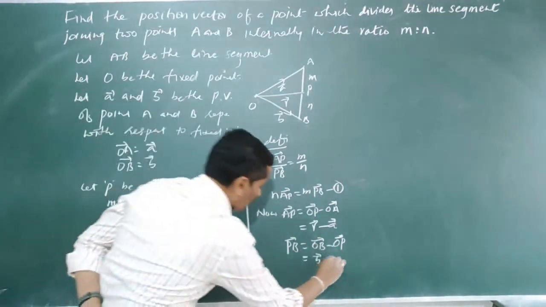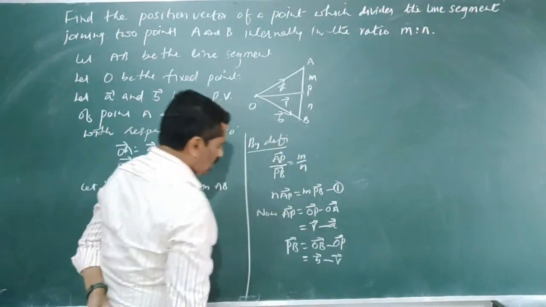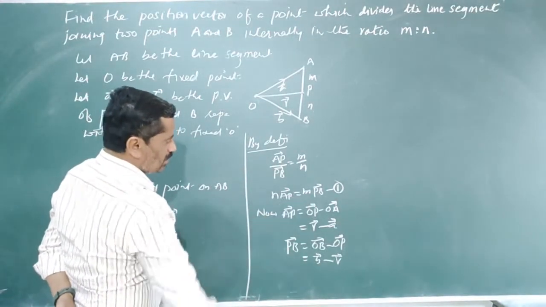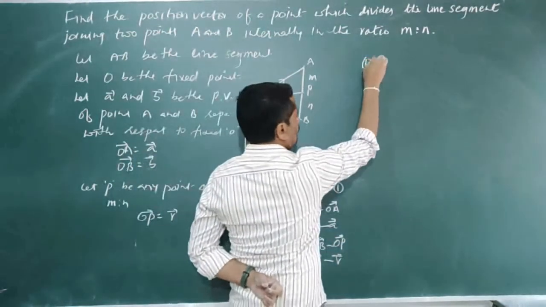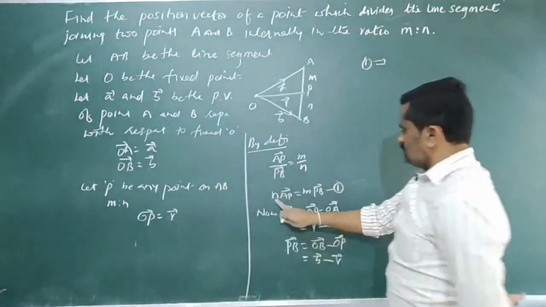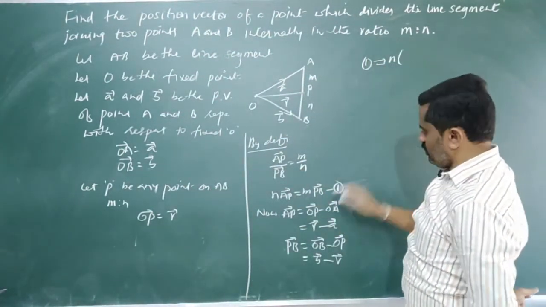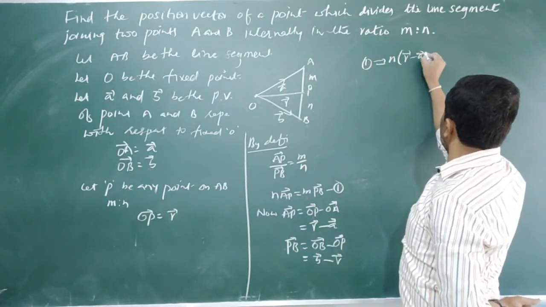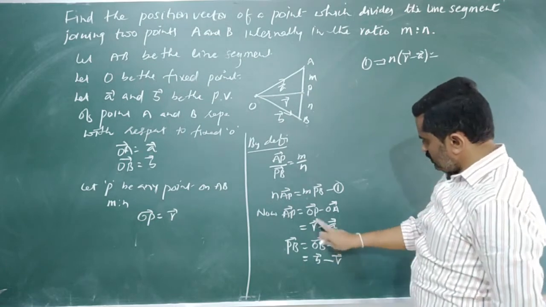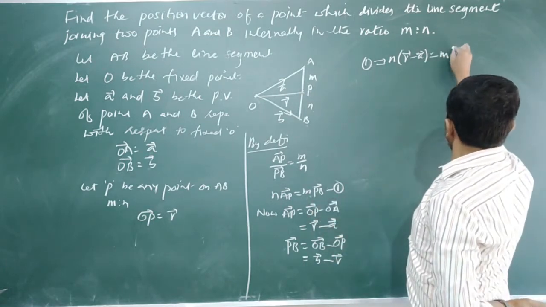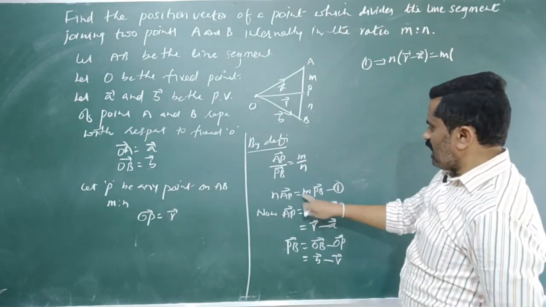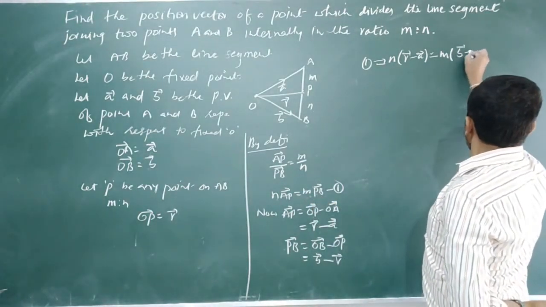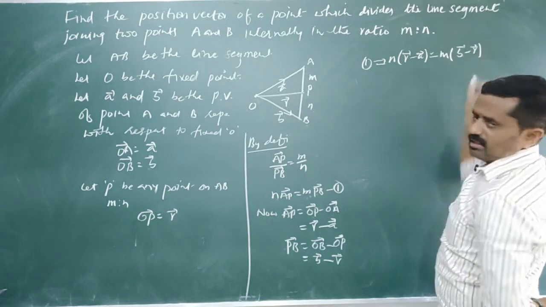Okay, now substituting AP bar and PB bar in equation number 1. Therefore 1 implies n of AP bar, we have R bar minus A bar, is equal to m of PB bar, that is B bar minus R bar.